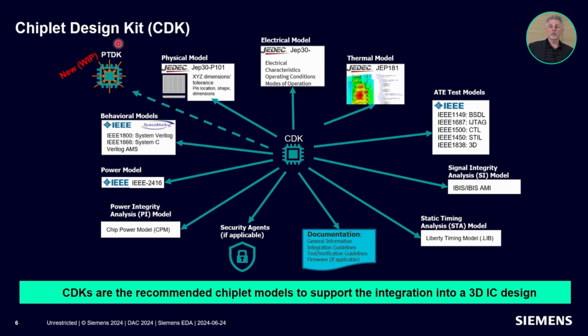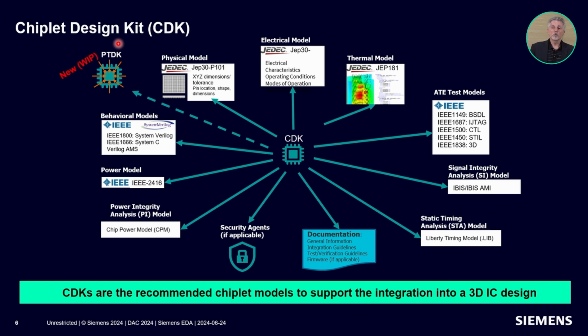It would include the location of all the pins, the shapes, and a definition of whether it's a copper pillar or a micro bump, a lot of detailed information that's going to be required for the design, assembly, as well as the analysis. And then on the electrical side, essentially we have an electronic data sheet, if you will, that describes the functionality of the chip and the different test modes that are available.